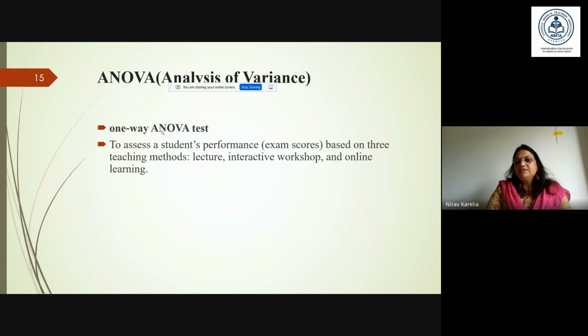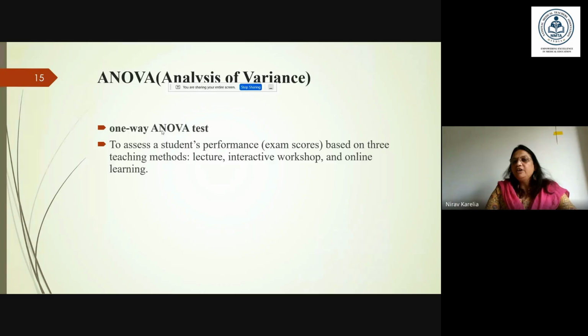In the one-way ANOVA test, we consider only one variable. Suppose I am checking students' exam performance based on the teaching method. Some students attended lectures, so what is the improvement in score?